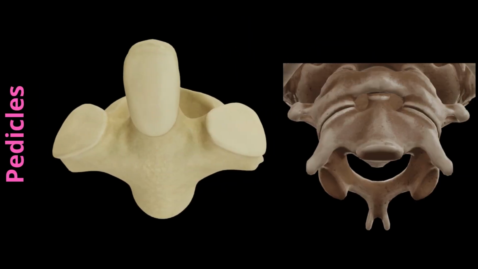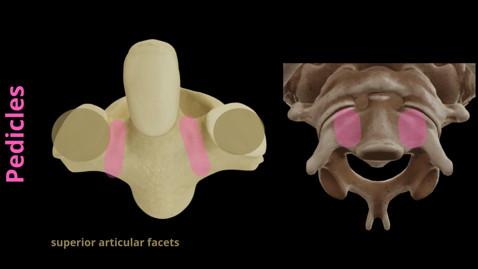Pedicles. The pedicles of the axis are broad and strong. They project laterally on each side from the body of the axis to the transverse processes. On its upper surface, each pedicle contains a portion of the superior articular facet. This facet slopes away from the body of the axis.